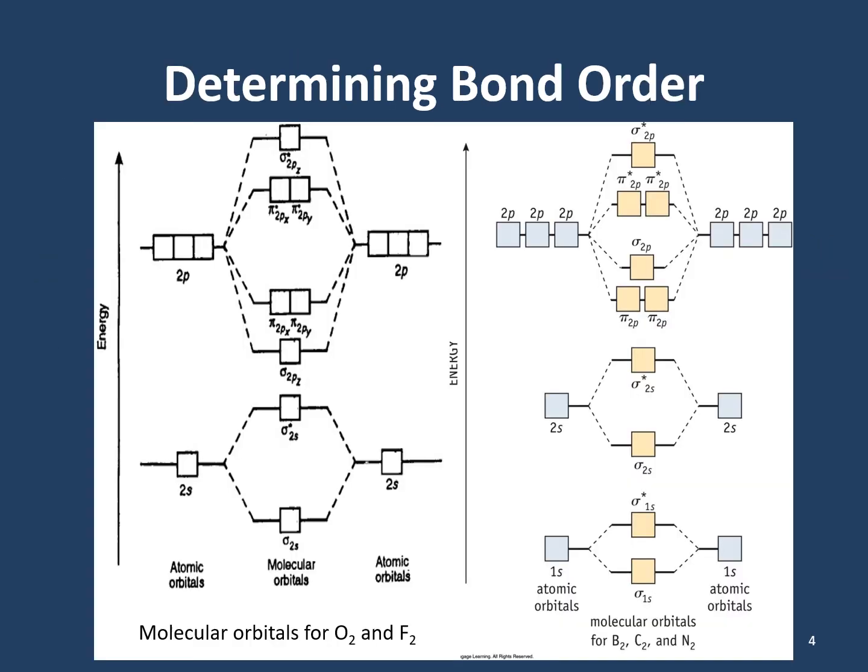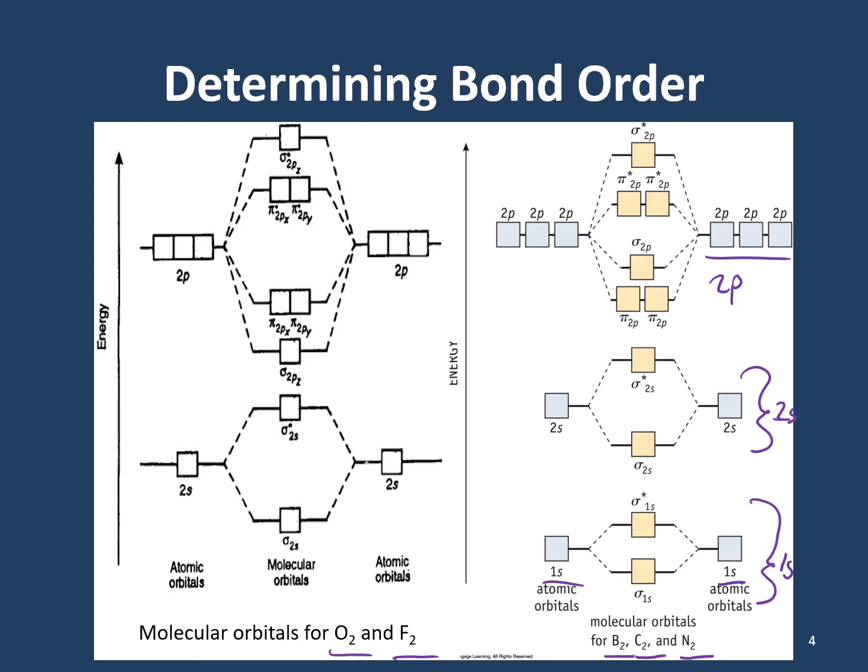Look at our full complete diagrams. There are 2 different ways to draw our diagrams. Not just in terms of boron, carbon, and nitrogen diatomics and oxygen and fluorine diatomics, but in other ways as well. Notice this is the 1s atomic orbitals overlapping, and this is the 2s. And this is our 2p for boron, carbon, and nitrogen on the right.